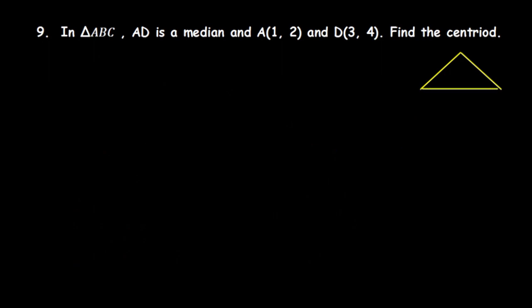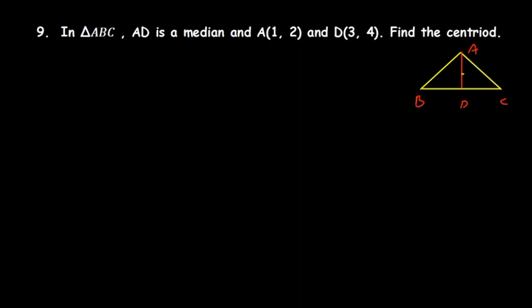In this triangle ABC, AD is the median. Generally, the centroid definition is the intersecting point of the medians. The intersecting point of the medians is called the centroid.